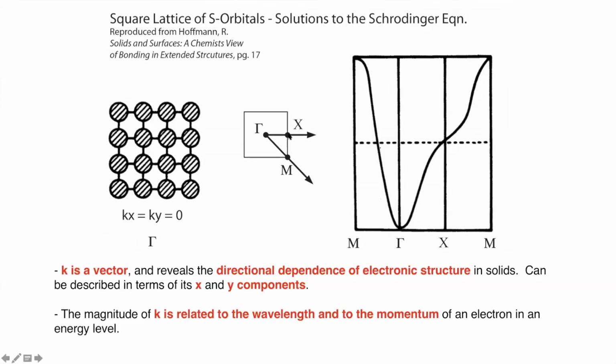X, this point right here, represents kx equals pi over a and ky equals 0. And then M here equals kx and ky equal to pi over a.